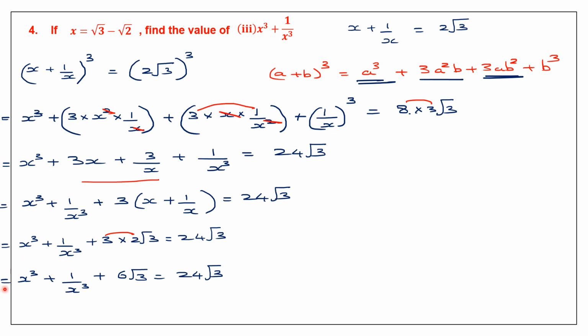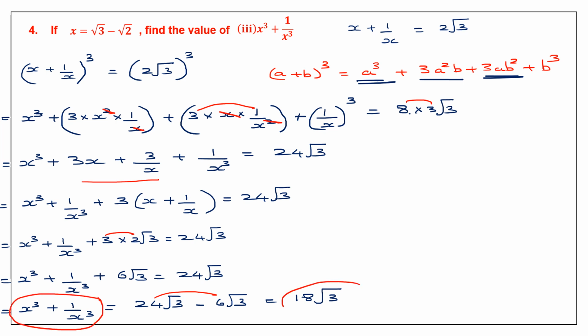Now I need to find only this x cube plus 1 by x cube, isn't it? So let me write that x cube plus 1 by x cube is equal to, I have 24 root 3. Now I'm going to transpose this 6 root 3 to the other side. So it becomes minus 6 root 3. Now since the base is the same, I can do 24 minus 6. And 24 minus 6 is 18. So this is 18 root 3. That means I have found the value of x cube plus 1 by x cube, and that is 18 root 3.